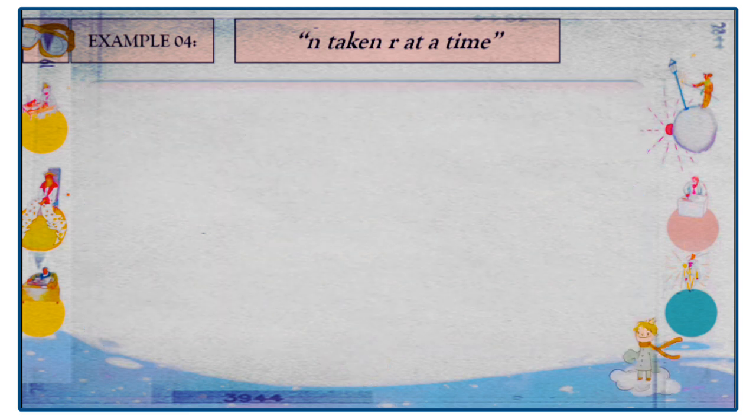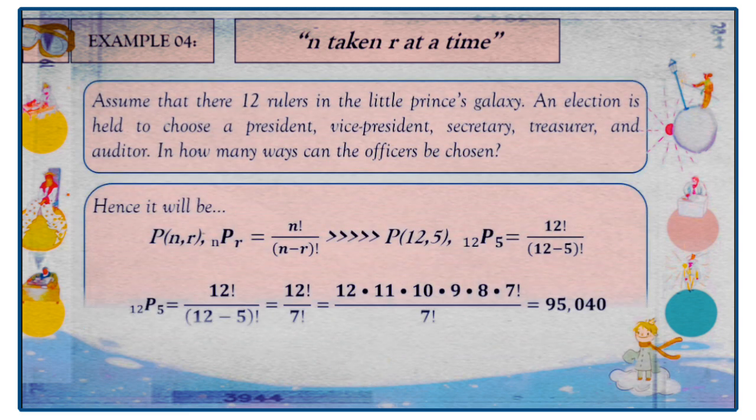And in this case, in the universe, what if we have this too? It's as simple as 12P5. And why is it 12P5? Because there are 12 rulers and there are president, vice president, secretary, treasurer, and auditor: 5 different positions for election.